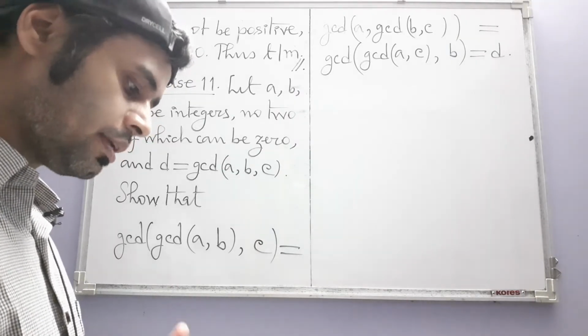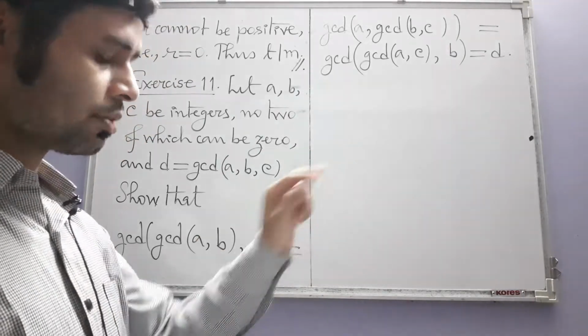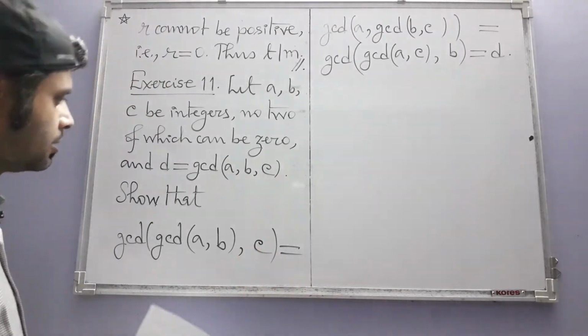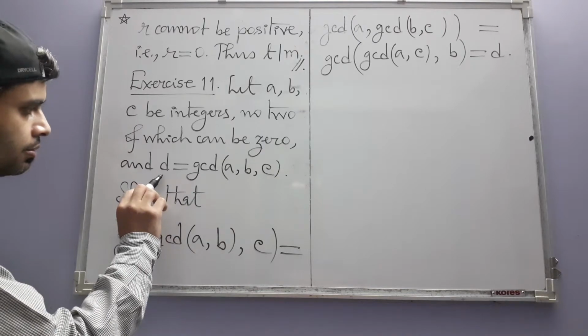It must be the case that I forgot to write equal to D here. It should be equal to D, because otherwise there is no point.